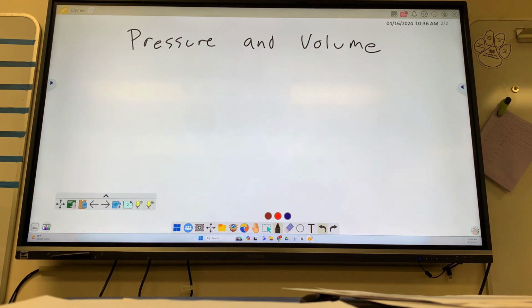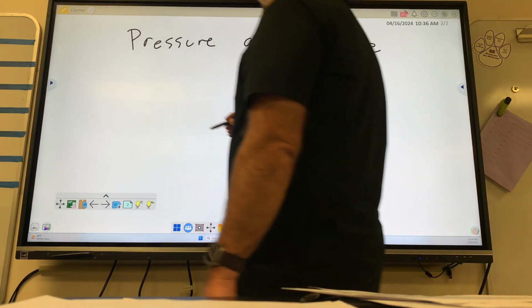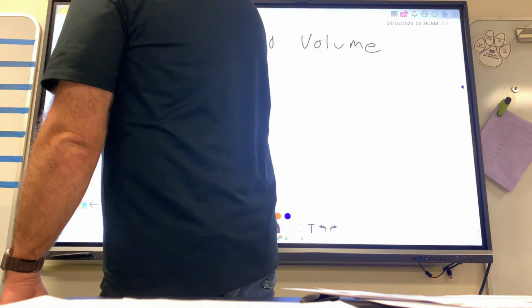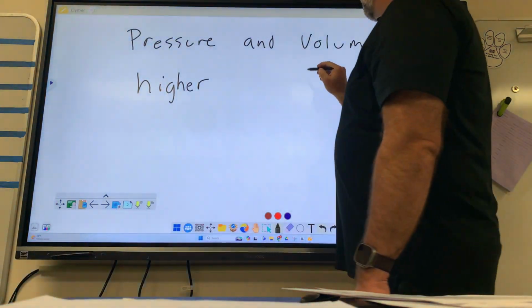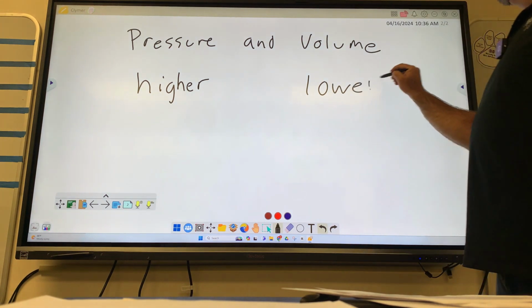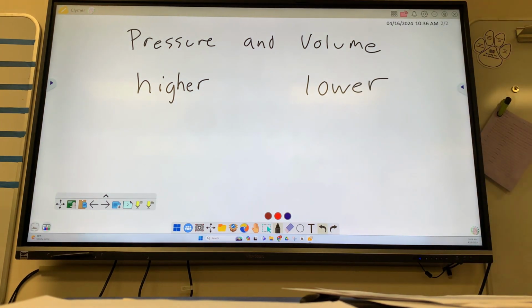Decreased, right? So as we went higher here, what happened to the volume? Higher pressure led to lower volume. This is what we would call in the world of math and also the world of science an inverse relationship. Right? As one gets higher, the other one gets lower.